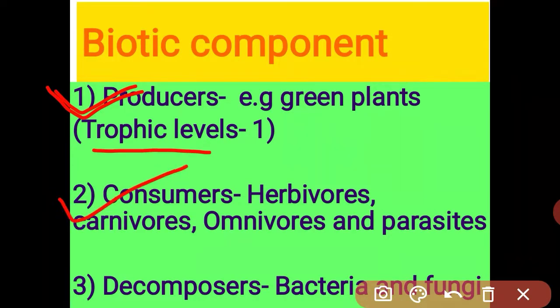Next biotic component is the consumers. Consumers means organisms that depend on producers or other consumers to obtain food. These are called consumers, meaning they depend for food on producers, or otherwise they depend for food on consumers.